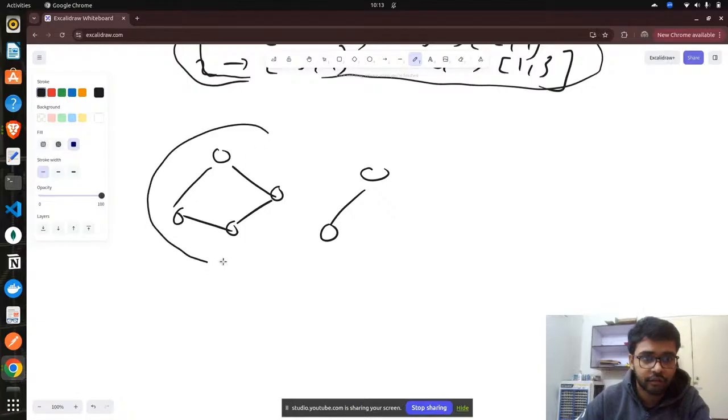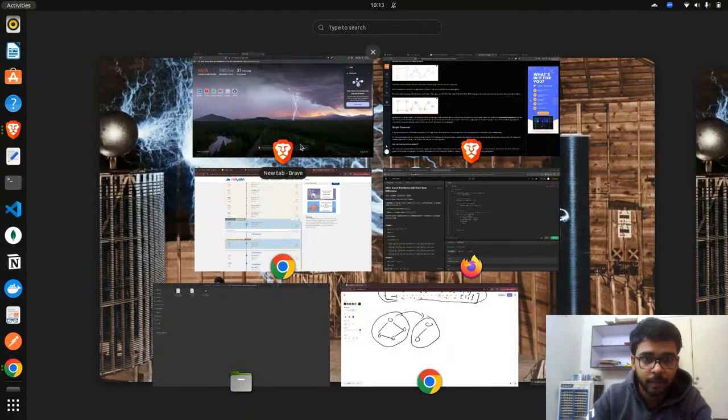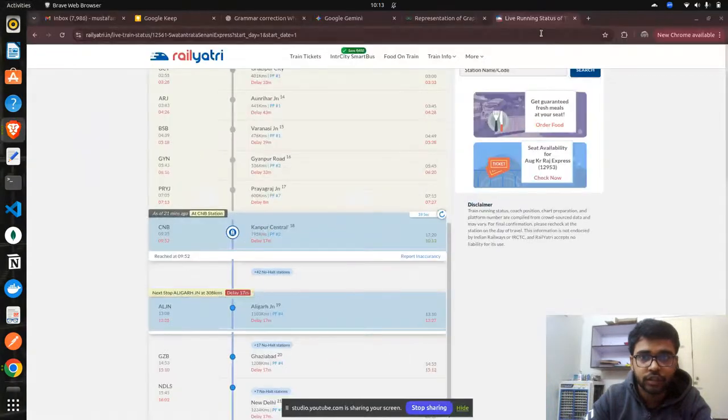This is one connected graph, and this is another connected graph. So we can't go from this to this. So this is not connected, but these are interconnected. So this is a very simple thing. Next is the BFS representation and DFS representation. We will solve this question.